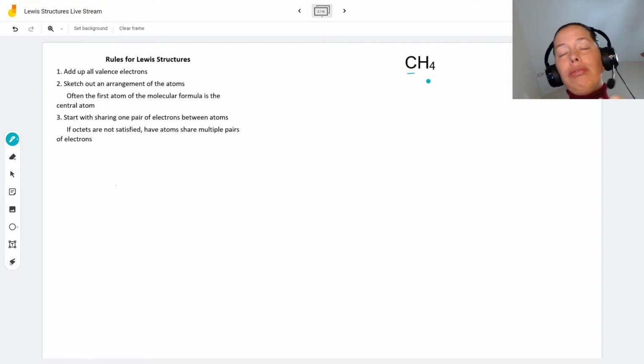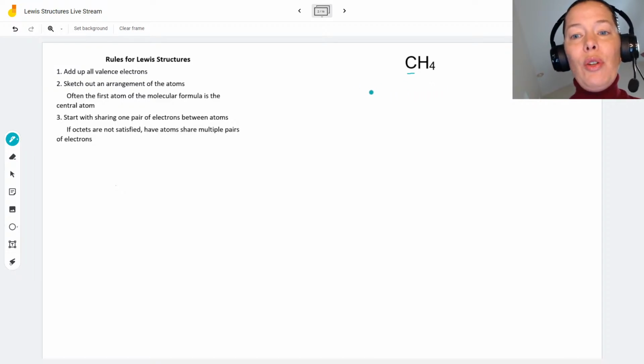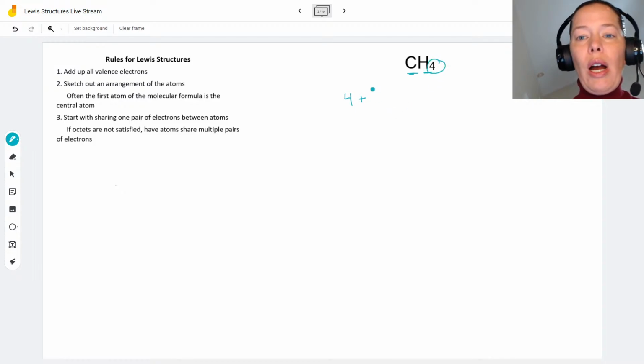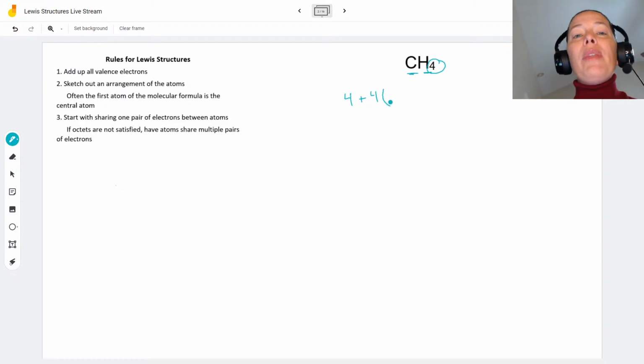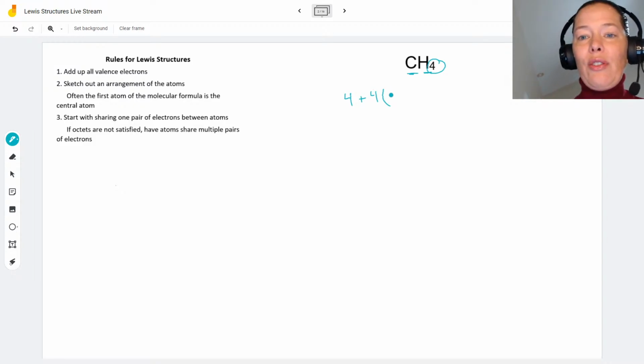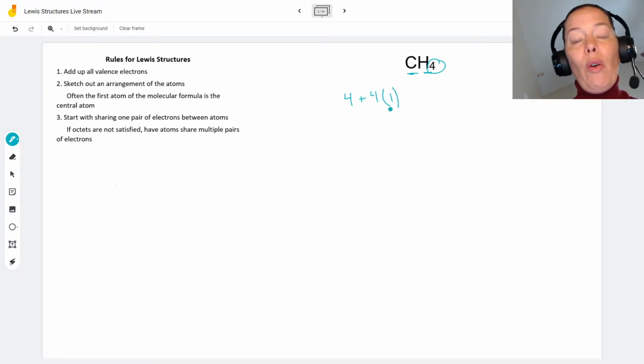If you find carbon on the periodic table, you will see that carbon gives you 4 valence electrons. There's only one carbon here, so it's just 4. Next, we need to do hydrogen. There are 4 hydrogens, so I'm going to have a multiplier of 4 in front of hydrogen. Finding hydrogen on the periodic table, you can see it only has 1 valence electron, so there'll be a 1 there. I just add this together and I have 8 total valence electrons.